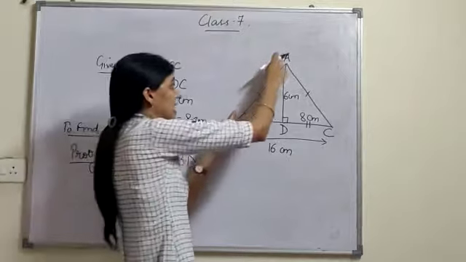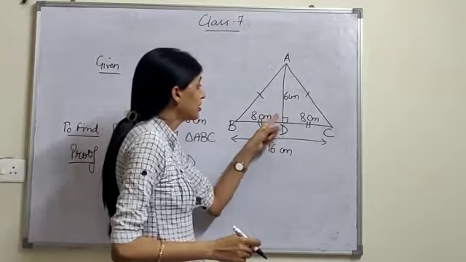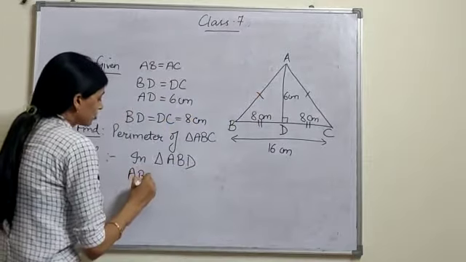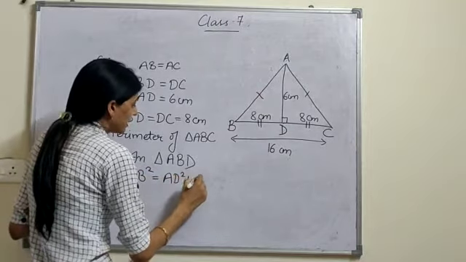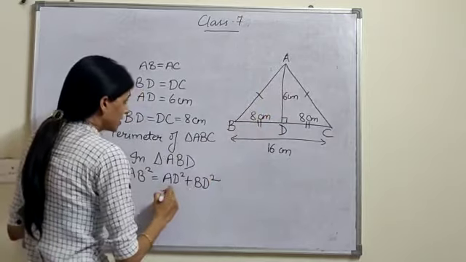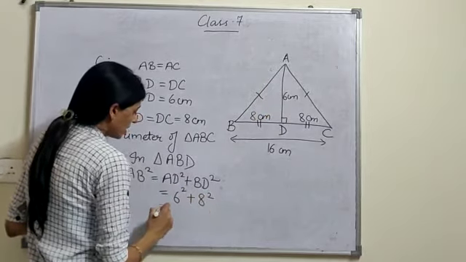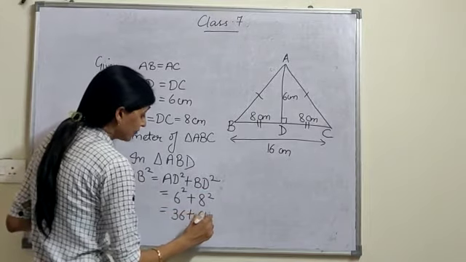We know this is the hypotenuse as this is the right angle triangle. So the side opposite to the right angle is the hypotenuse. So AB square is equal to AD square plus BD square. This side square plus this side square. What is AD square? 6 square. BD square? 8 square. Square of 6 is 36. Square of 8 is 64.